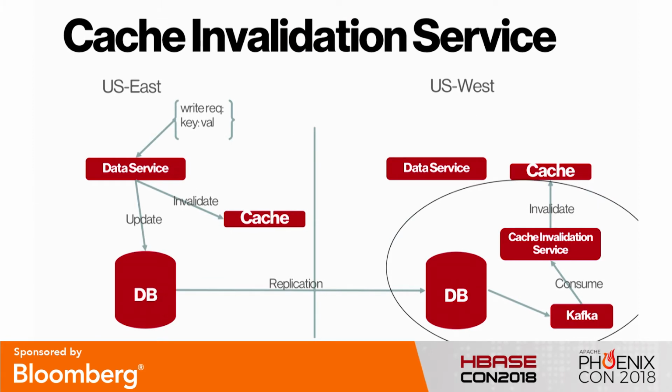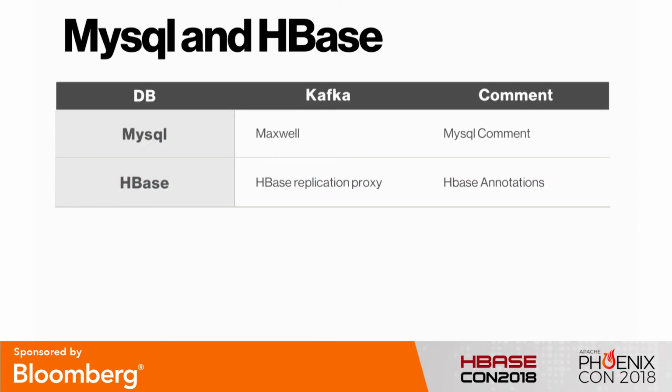You can think of the previous graph, this part. This requires a system that publishes your database changes to Kafka, with some custom information in the Kafka event. Maxwell, if you're familiar with it, is a daemon running on the MySQL instance.